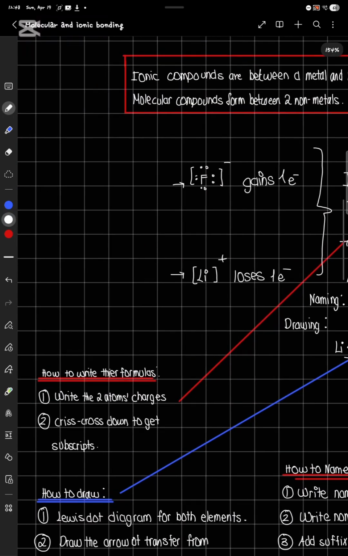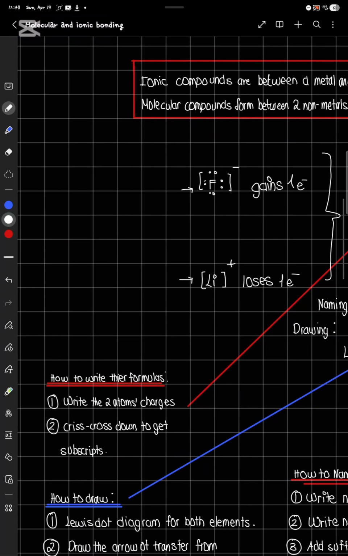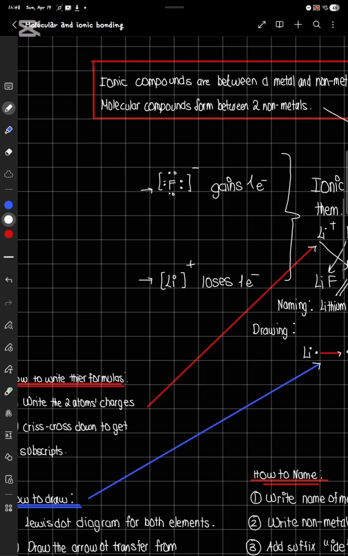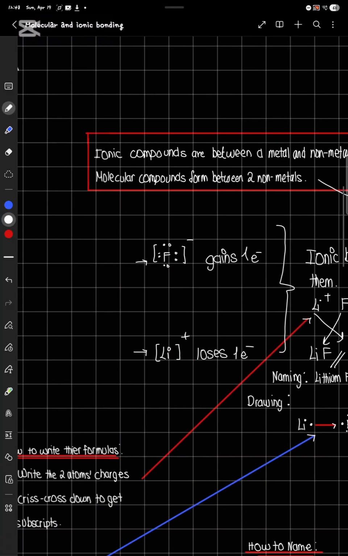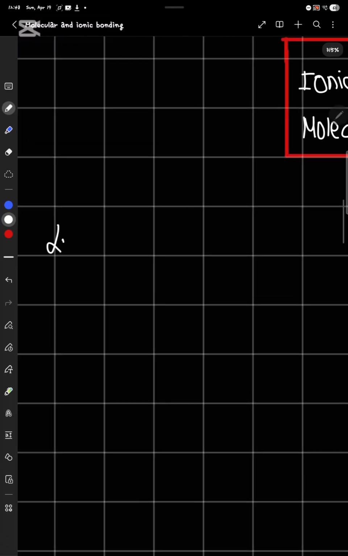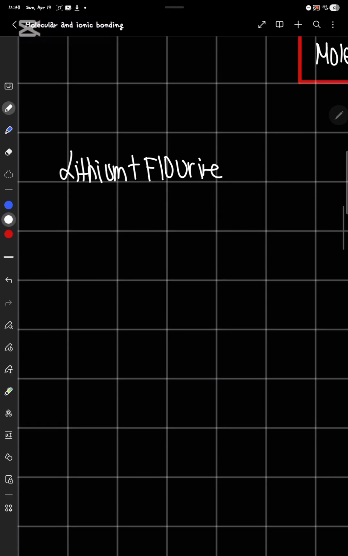Let's dive first into ionic compounds because they're much easier. How to write their formulas and how to draw them. So first of all, let's say you want to find an ionic bond between lithium and fluorine. How do we find an ionic compound for that?